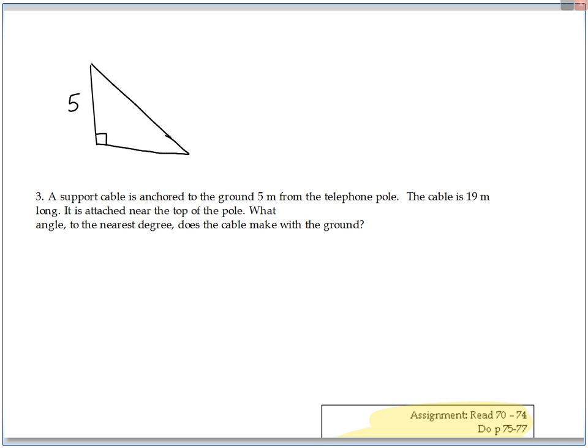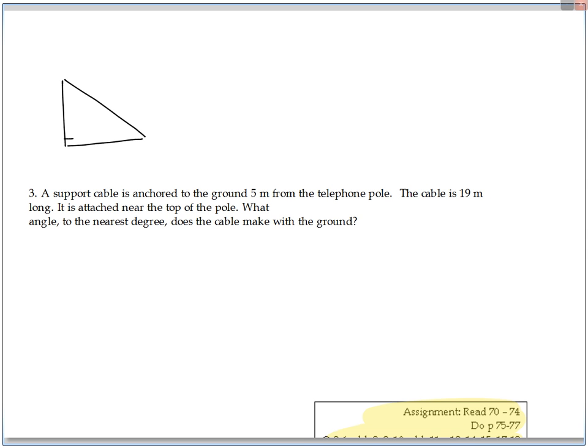Oh, I screwed that up. Geez, your teacher needs more coffee. Okay, I'll draw this a little bit nicer. Straight up and down, straight across. Oh, I missed again. Okay. Let's be very careful with what we read. A cable is anchored to the ground 5 meters from a telephone pole. So is that this?